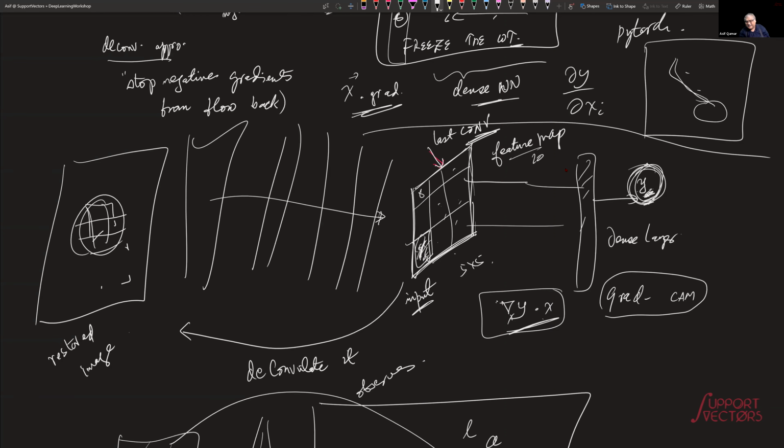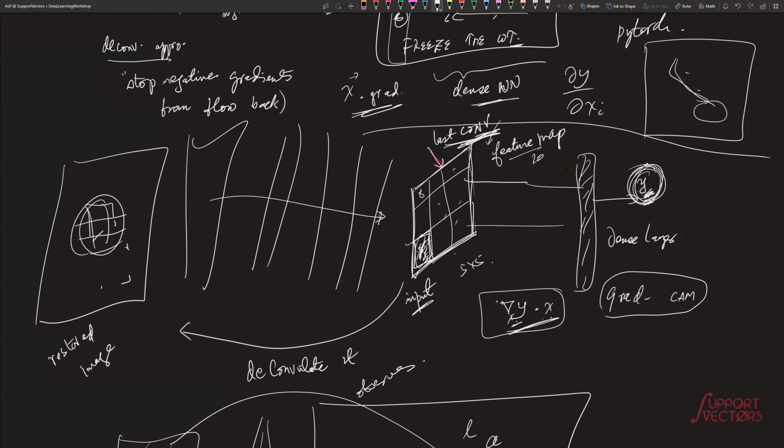There is a little additional bit which I have sort of fudged over: over the last conv layer, you typically insert an average pooling layer, but you don't if you need the gradient. So you take this last layer, treat it as input, feed it into the dense layer that always comes in a convolutional network, and you get the output. You now look at the gradient of the output with respect to each feature here. Now you have found saliency in the last convolutional feature map.